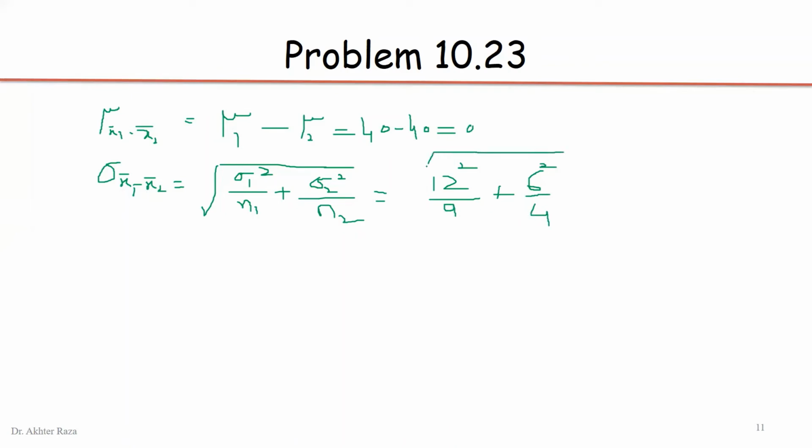This is equal to 5. So in conclusion, we can say that the distribution of the difference of the two sample means has a mean of 0 and a standard deviation of 5.